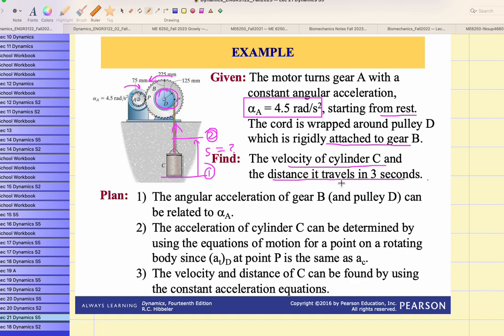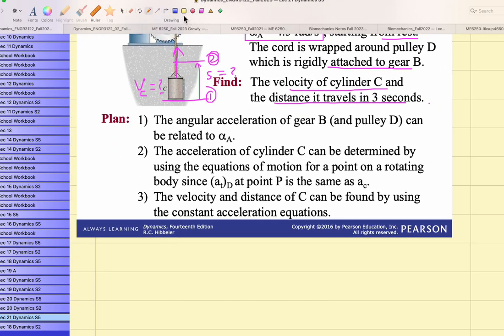The second thing you have to find is the velocity of point C. The approach I would start with is to find the velocity using a formula.